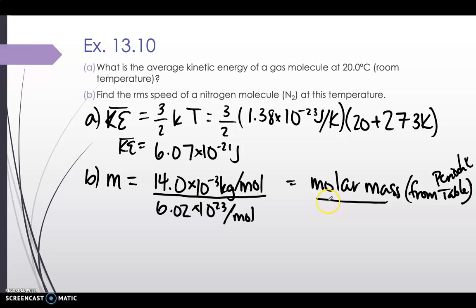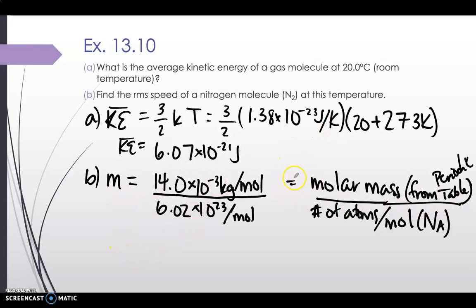It might be though. And then you divide it by your number of atoms per mole, or Avogadro's number, N sub A. And this will give you your mass.